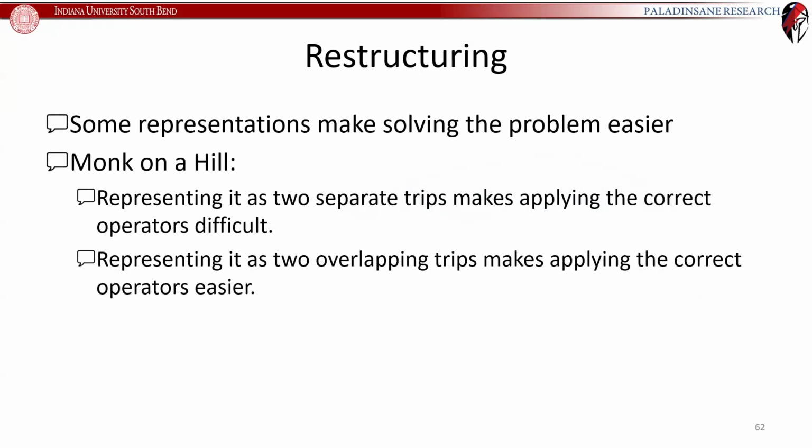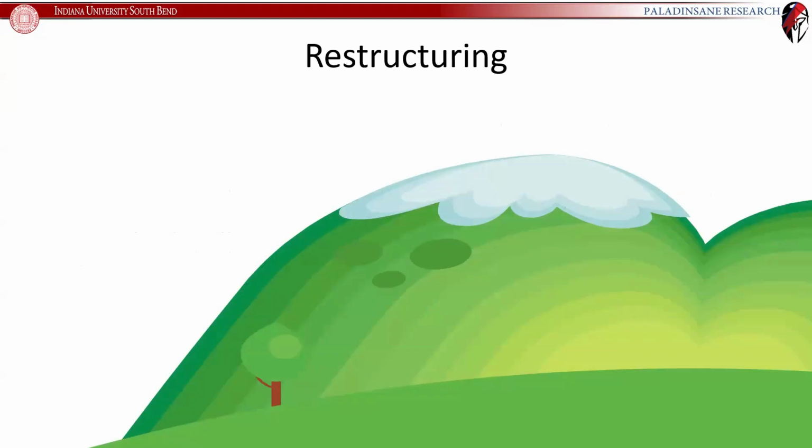Representing it as two overlapping trips makes applying the correct operators easy. What that means is that you can apply the correct cognitive moves to solve this problem extremely easily. Because if you say, all right, let me think of it this way. There's the monk at the beginning of the first day. There's the monk at the beginning of the second day. Will those two monks be able to pass each other and not be at the same spot at the same time?